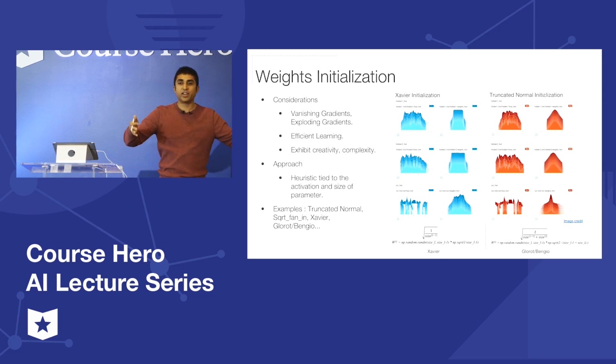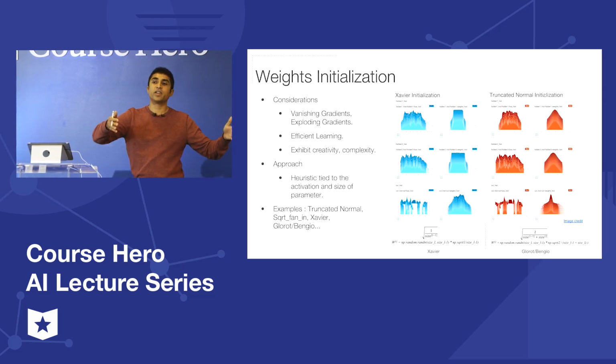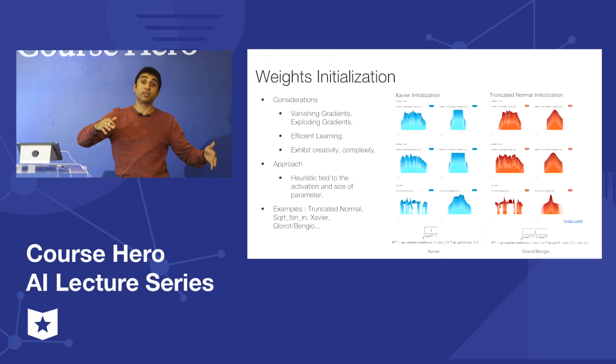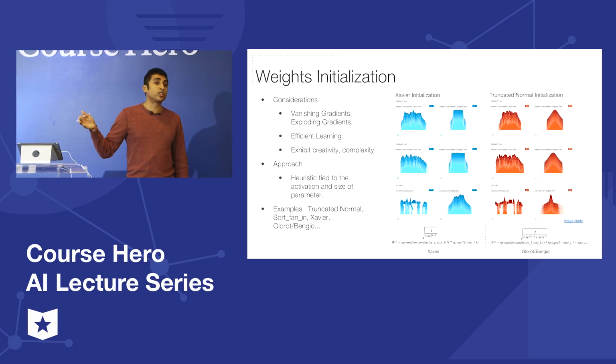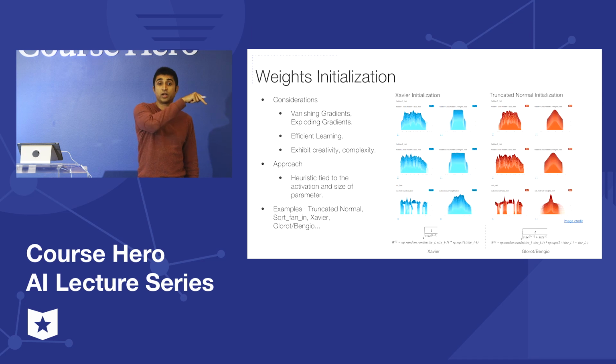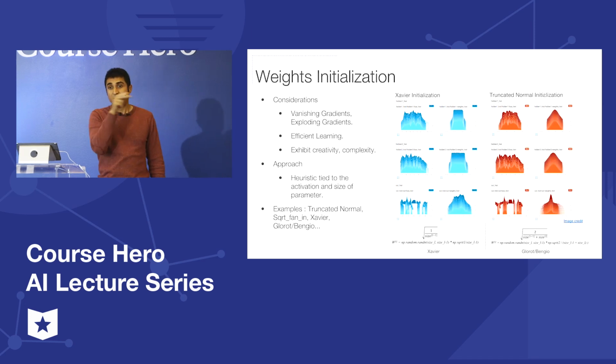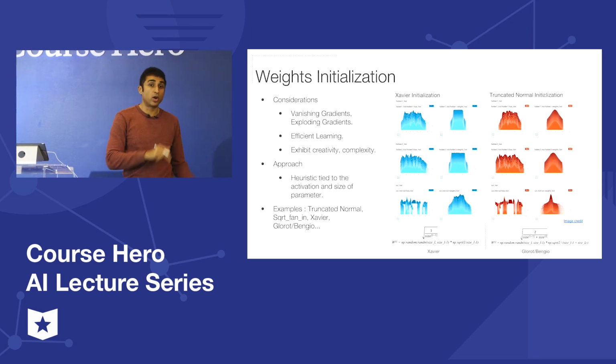When you have multiple layers and you start backpropagating the gradient, the layer closest to the output will always get the higher gradient. Based on that, you compute the gradient of the previous layer, and based on that, the gradient of the previous layer. Those gradients keep getting smaller and smaller, and the input layer will actually get no gradient at all. So your gradient vanished. That's one consideration when you're doing weight initialization.